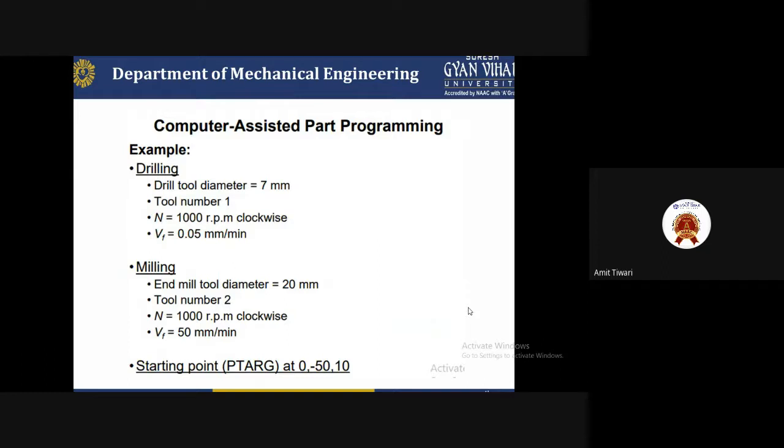So these are the milling example for the milling machine and the drilling example for the drilling machine. Both are different from each other, with different diameters and different conditions, but the similarity is that both are used for that material.